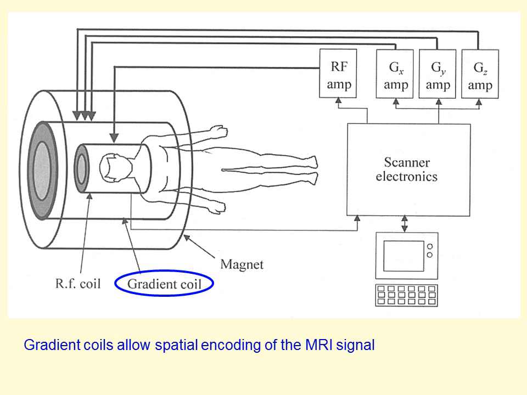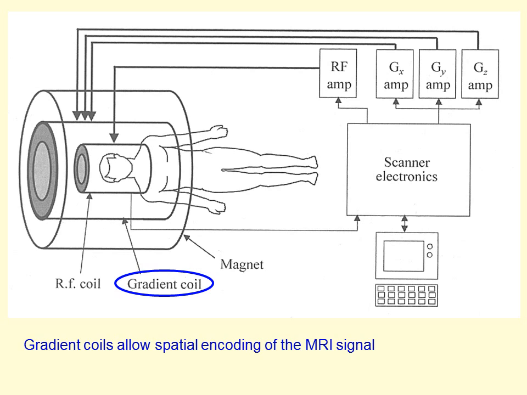It's able to introduce a gradient into the magnetic field, that is a gradient in the strength of the magnetic field, either in the X direction, in the Y direction, or in the Z direction, which is why we have these three separate amplifiers here. And note that these gradients are not independent magnetic fields, they're modulations of the strength of the static magnetic field.